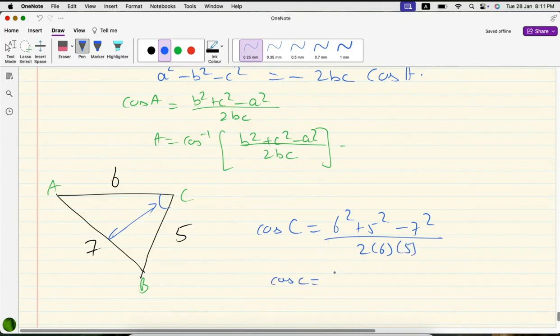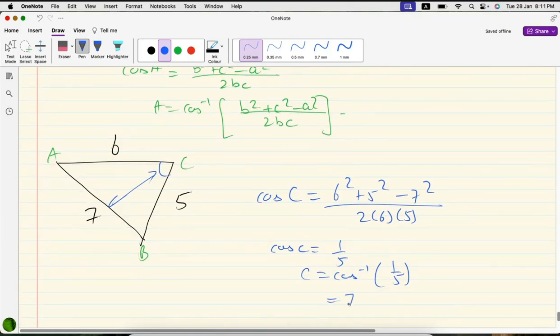Using the calculator, I'm getting a fraction 1 by 5. Ultimately, C is equals to cos inverse 1 by 5, and it comes to 78.5 degrees to 1 decimal place.